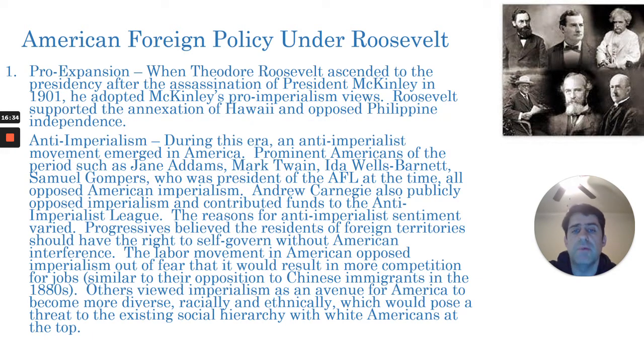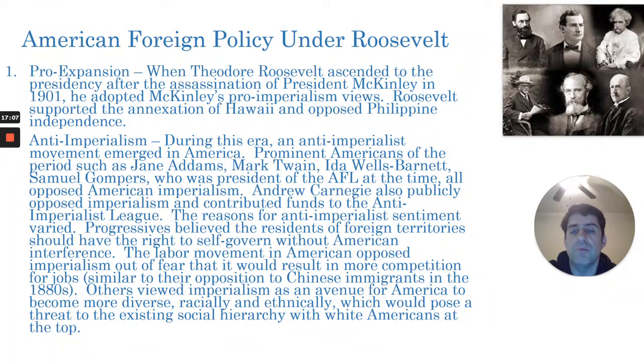He vehemently opposed imperialism. Ida Wells Barnett, whose essay you read in your primary source analysis assignment, you know that she was anti-lynching. She was also opposed to imperialism. And Samuel Gompers, a name that we haven't really discussed this semester, but he was the key leader of the labor movement at this time.